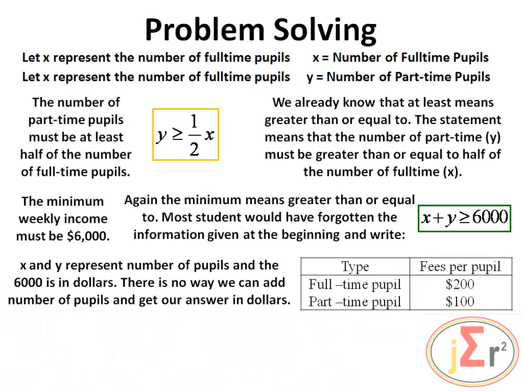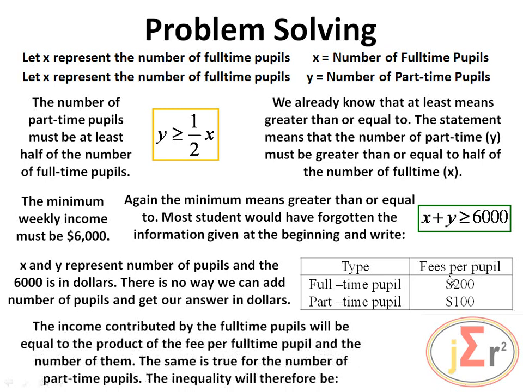Remember the type and of course the fees charged on each one. We have them right here. The income contributed by the full-time pupils will be equal to the product of the fee per full-time pupil and the number of them.